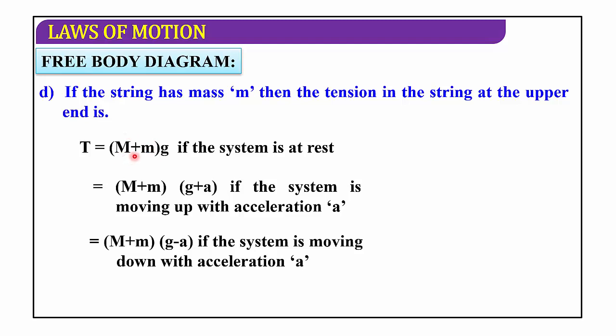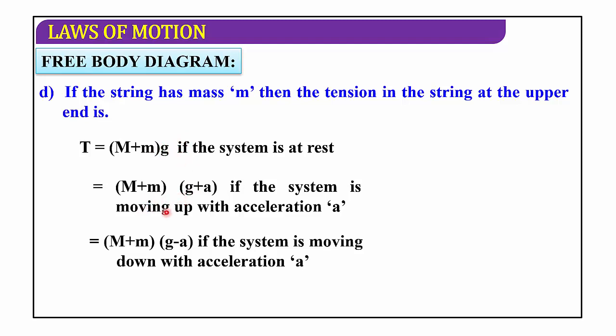So the equation becomes T equals (M plus m) into g. We can consider this equation when the system is at rest, not moving upward or downward. In this condition, you can just write (M plus m) into g.